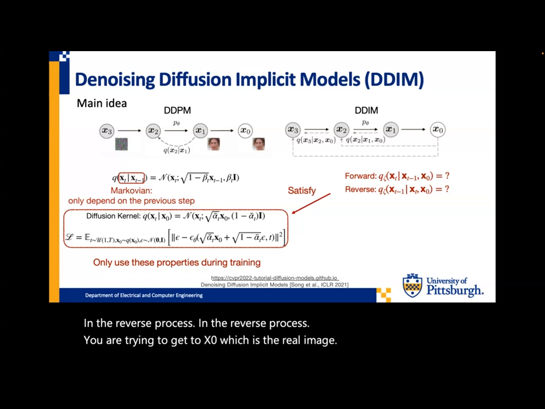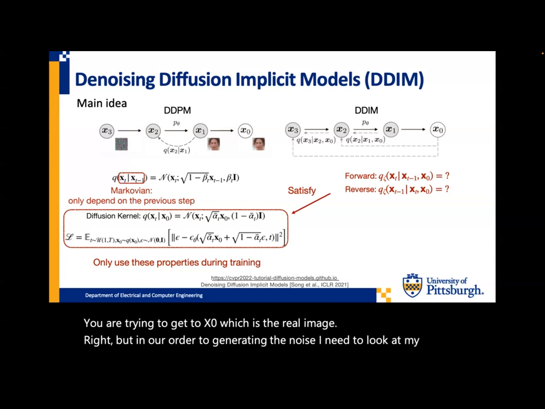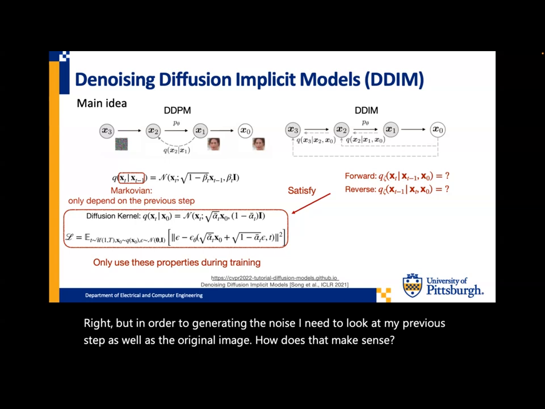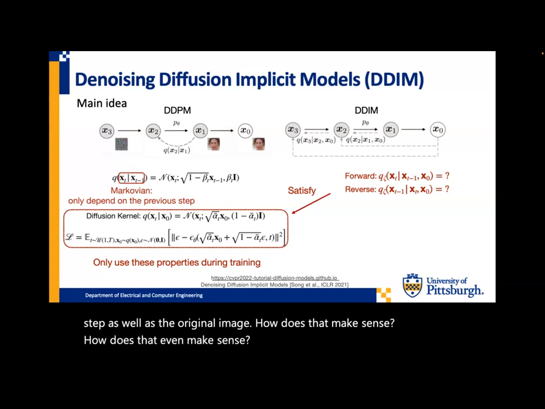But in order to generate the noise, I need to look at my previous step as well as the original image. How does that even make sense? Right? So it doesn't make sense.